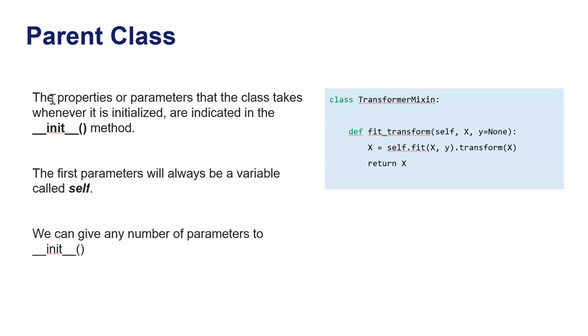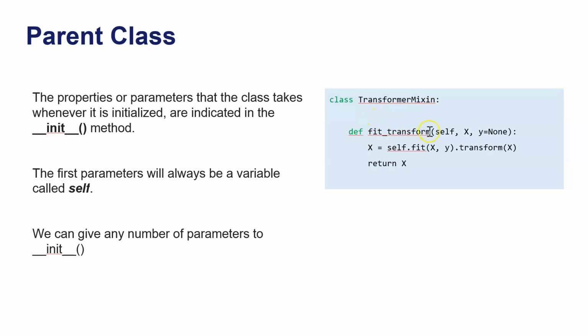For example, we create one class that is called TransformerMixin, and this class has the method fitTransform that takes self, of course, the first argument of every method, and then the data frame, and then it has the option to take the target so that it is compatible with the Scikit-learn pipeline.